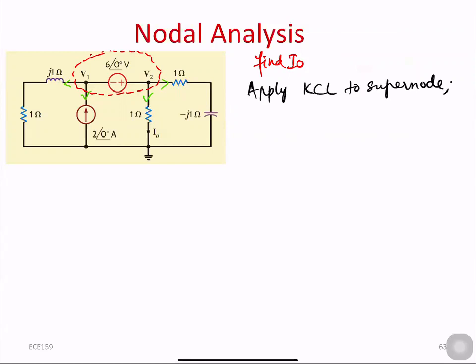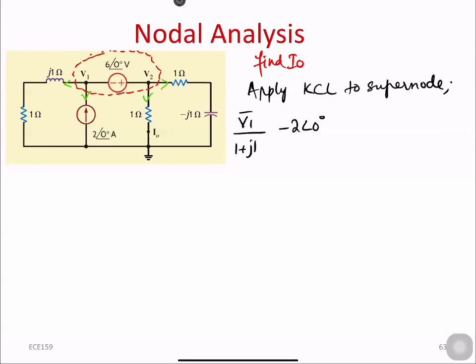And we will write the loop equation as V1 divided by the series combination of 1 ohm resistor and j1 inductor, 1 plus j1. Now this current is actually opposite direction to the label direction, so we will write this as minus 2 angle 0. And now this is a supernode, so we will switch to V2 node and write the currents, which both are going outward from the V2.